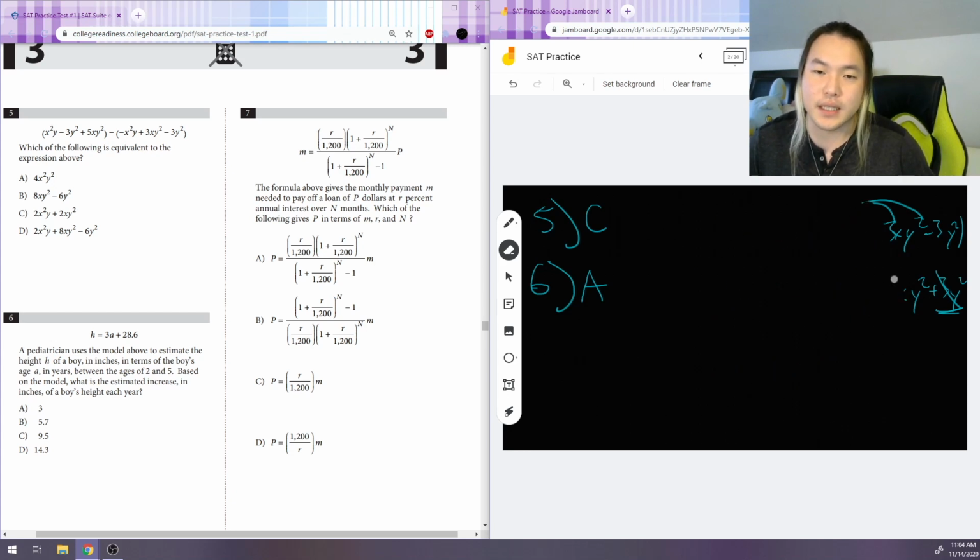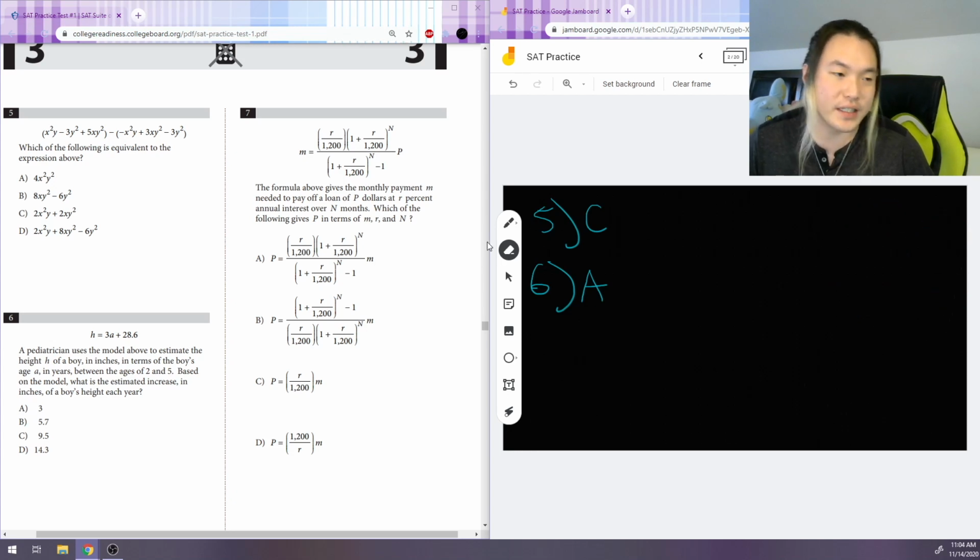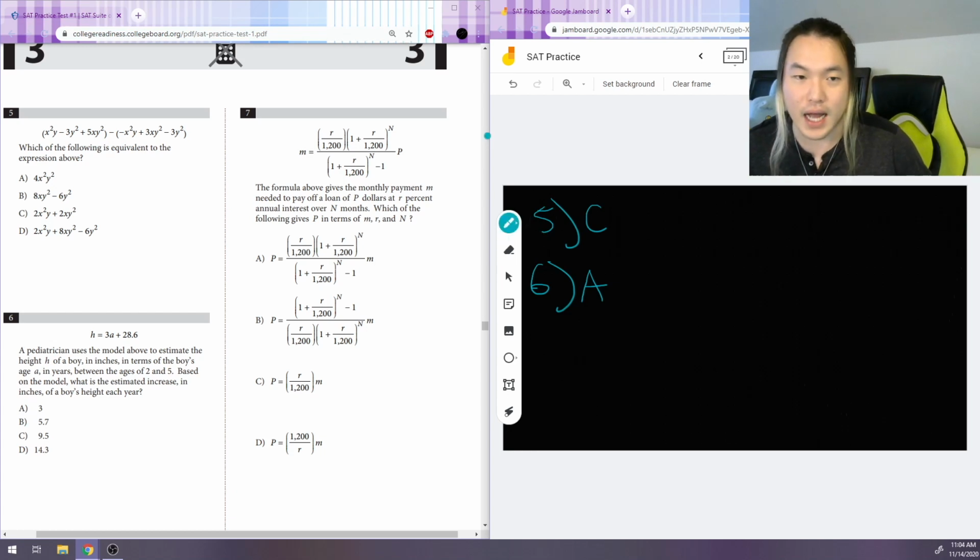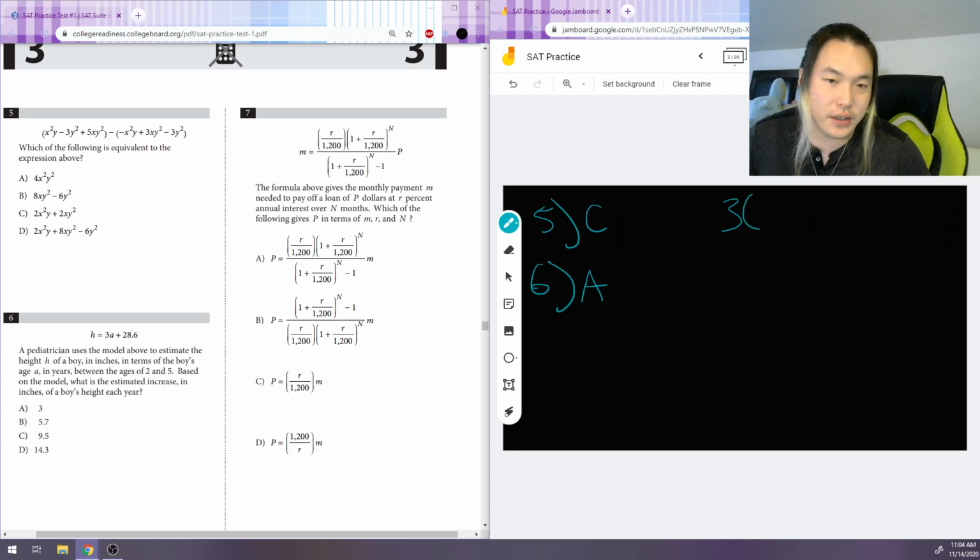So that's all nice, but maybe as a high school student, you're not exactly confident enough to just pick A and move on. I definitely was not as a high schooler. So as a teenager, I probably would have done something more like this. I would have figured out what the height would be when you're 3, according to this equation.